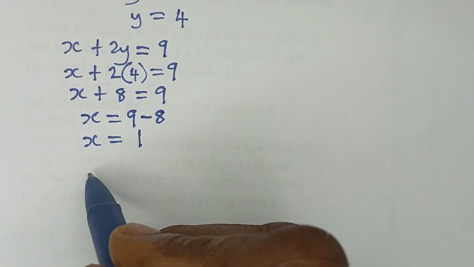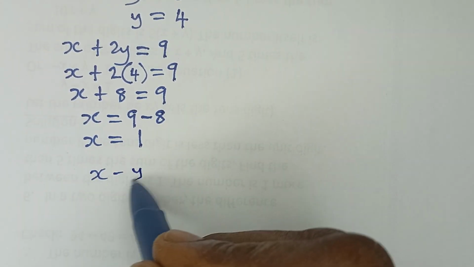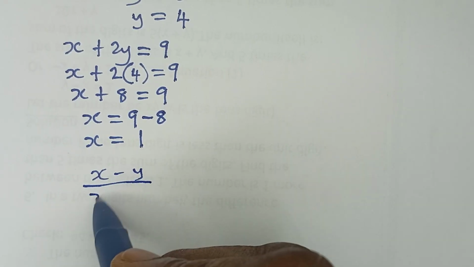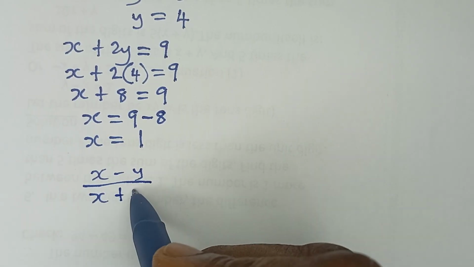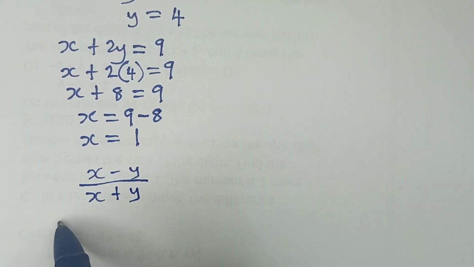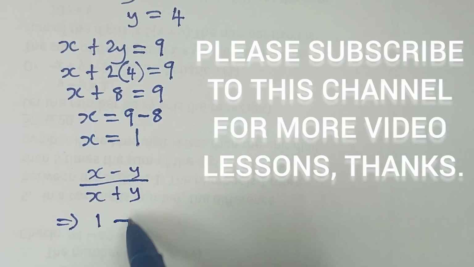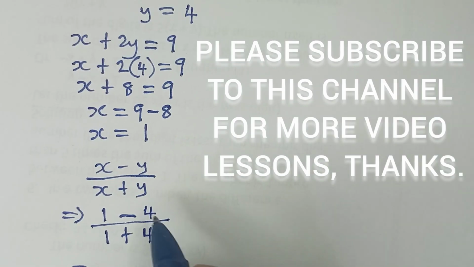So x minus y over x plus y will be equal to x is 1 minus y is 4, all over x is 1 plus y is 4. And that will move on to give me 1 minus 4.